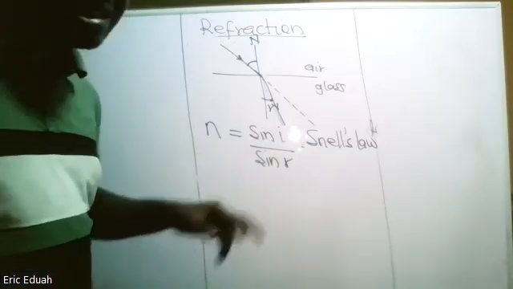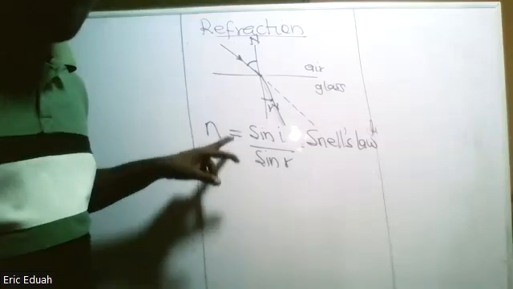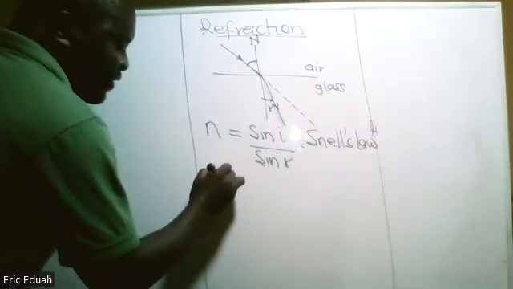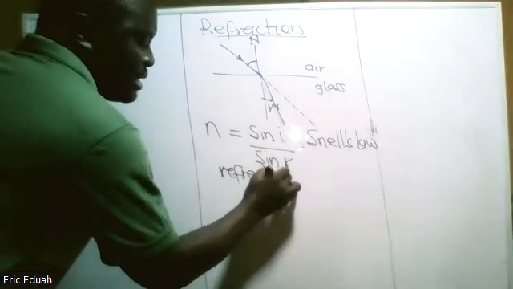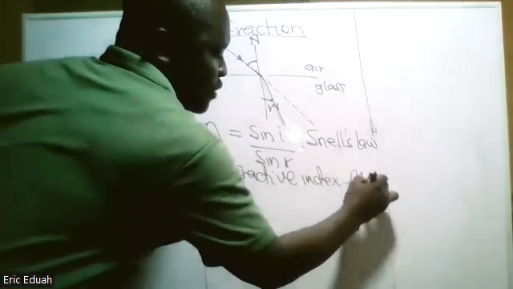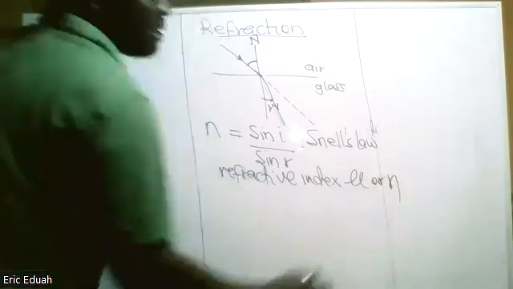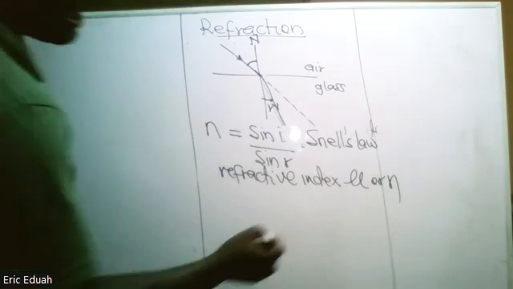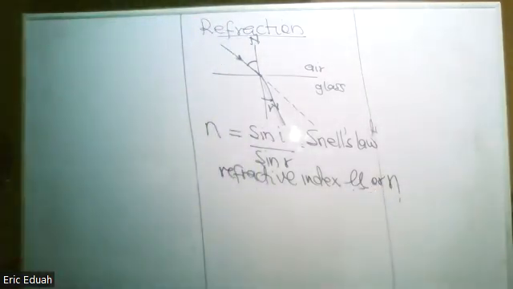And this constant is what we call the refractive index of the material. The refractive index is denoted by either mu or this other symbol.